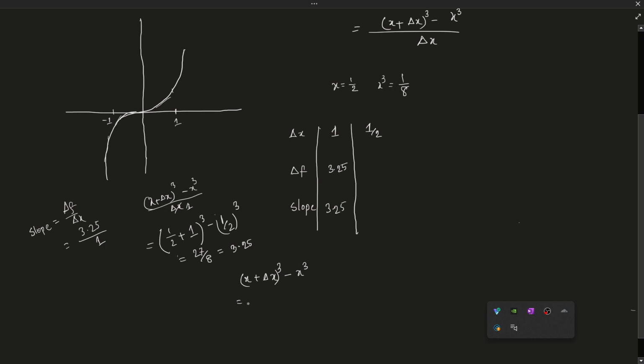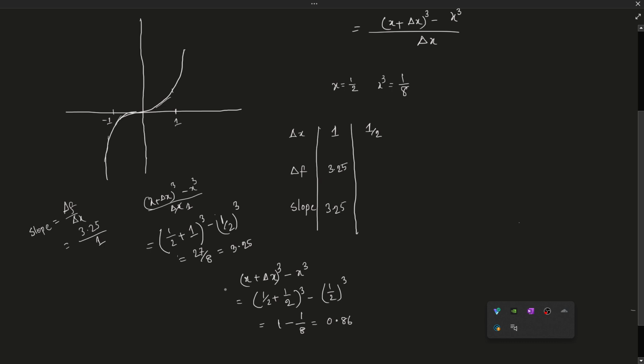So this will be half plus half whole cube minus half whole cube, so 1 minus 1 by 8, which is about 0.86.